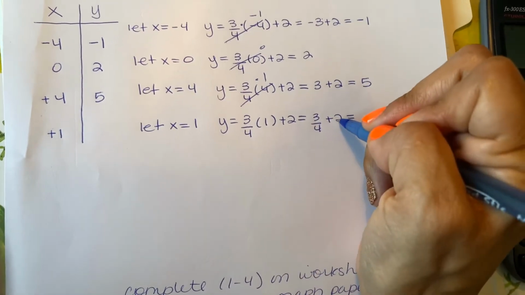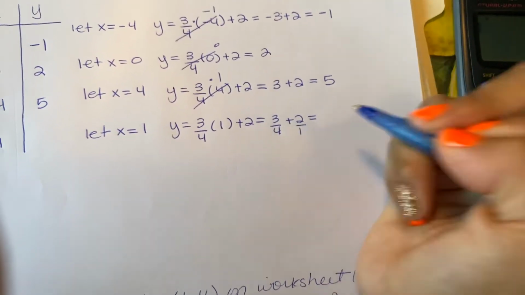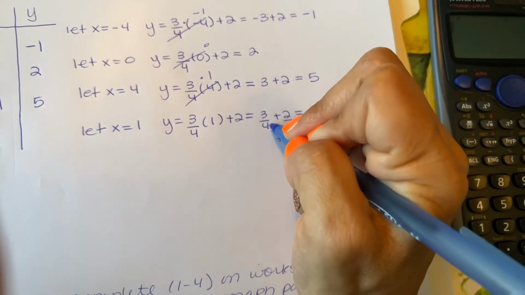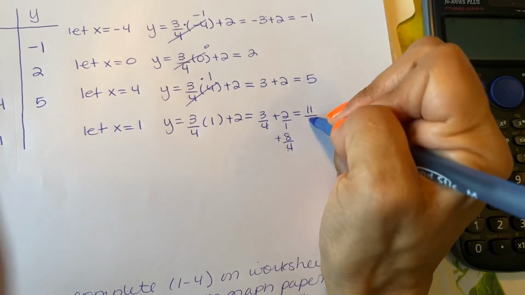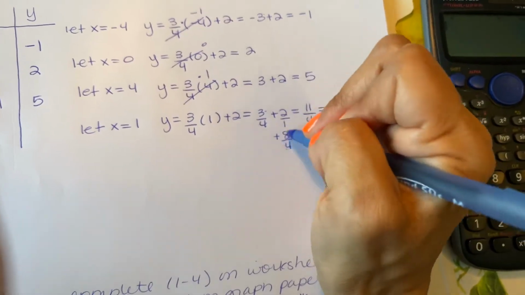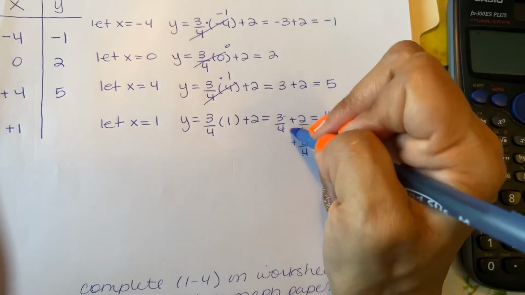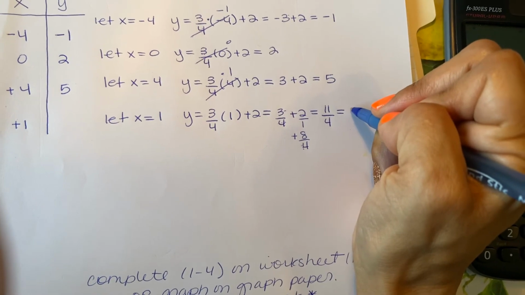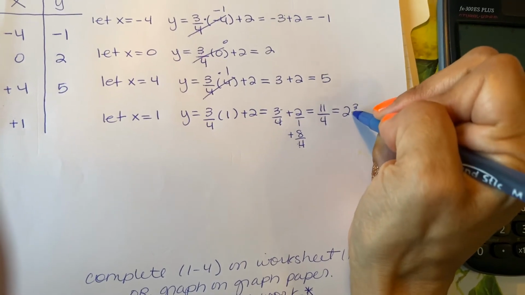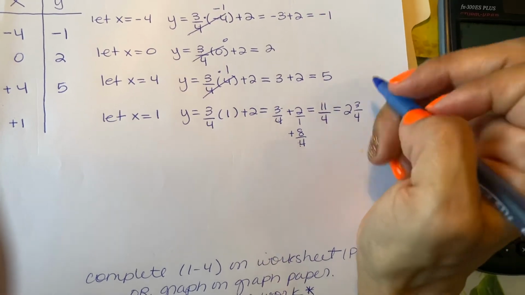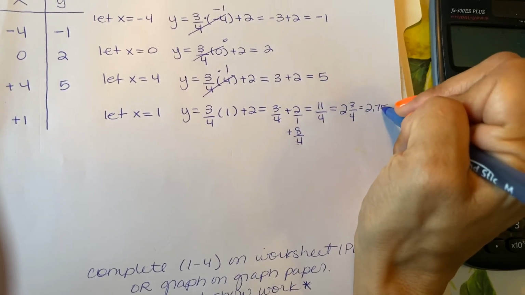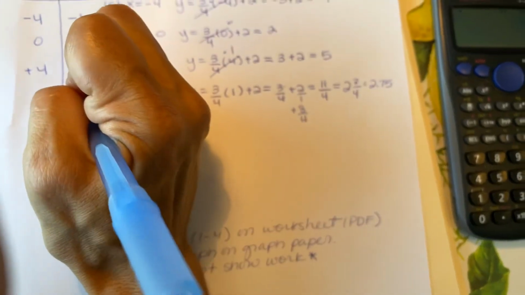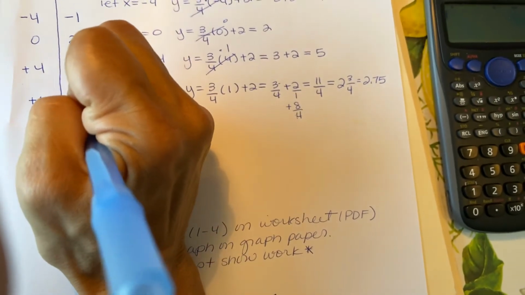Okay, well then you're going to have to say, well, 2 is really 2 over 1, so I'm going to multiply by 4 so that I get 8 over 4, so I can get a common denominator, so I get 11/4, because 3 plus 8 is 11, over 4, right? If the denominator is the same, I can add the numerators, right? And so you get 2 and 3/4, right? Okay, which is the same as 2.75. So you're going to be a little bit before 3. So it's up to you. You can pick the 11/4 or you can pick the 2.75.